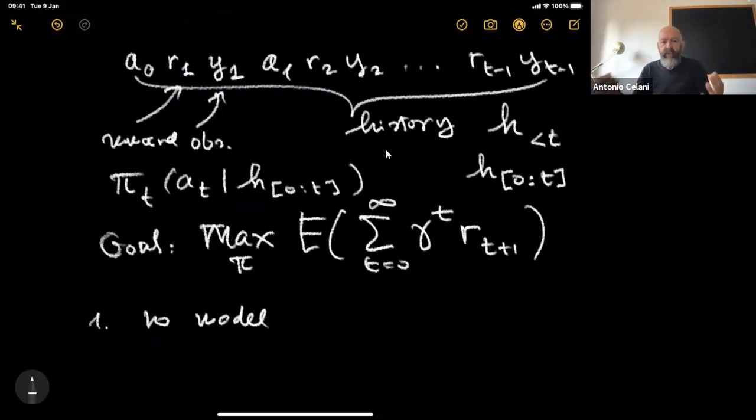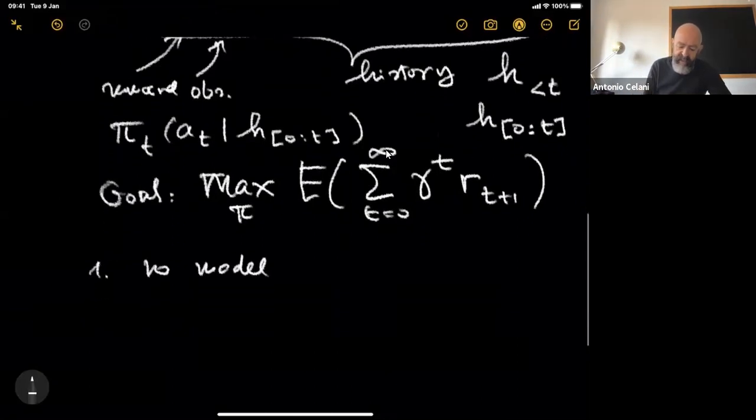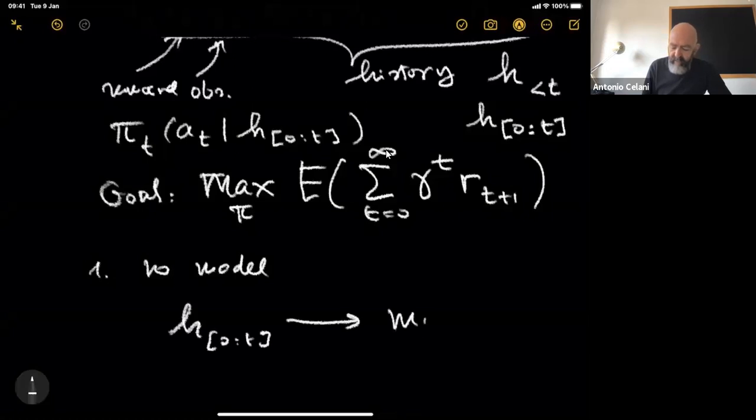Then we have just to take these long histories and process them somehow, compress them, put them into some memory. The idea is that in this loop of operations, the history at time t is somehow compressed into some smaller set of variables, these memory states.